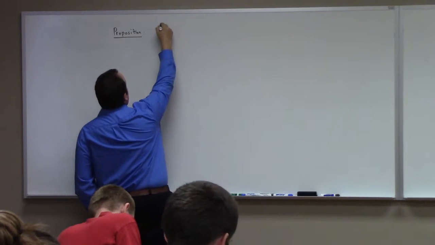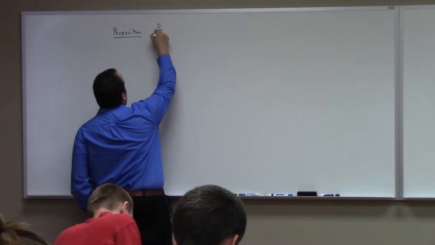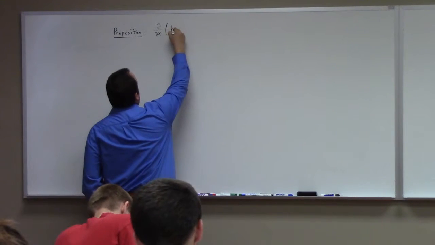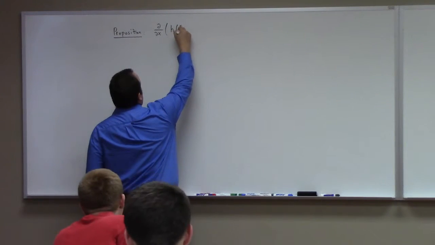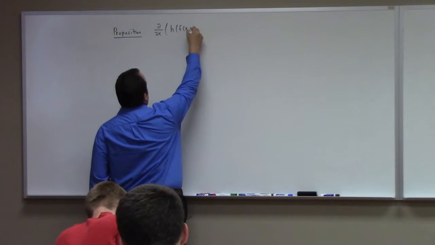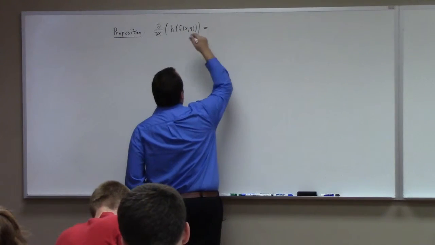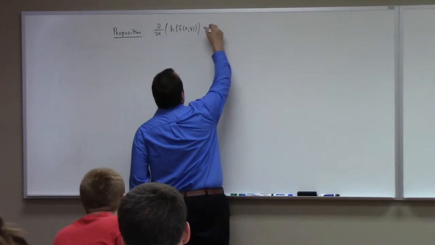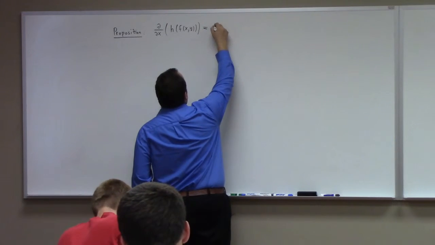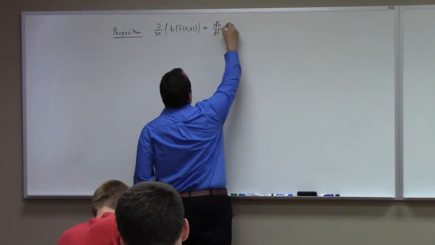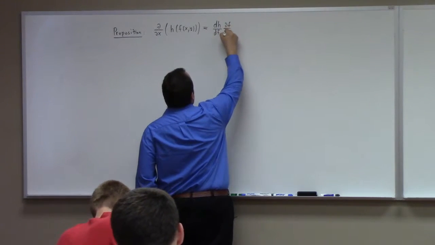And here it is: the partial derivative with respect to x of a real valued function h of a function of two variables, f of x, y, is equal to, well, we could denote it like this: dh/df times partial f partial x.